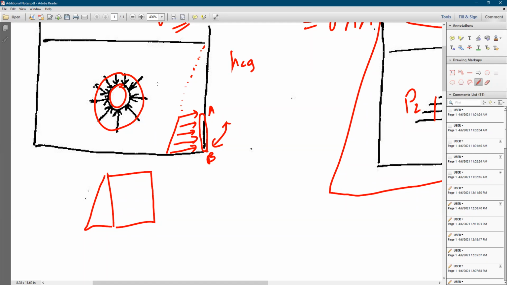HCG is actually the distance from the top of this particular fluid up until the center of this particular door, the middle point of this door. If you look from this side, you will see something like this, right? So if the door is shaped like this, then you just take half of this height.